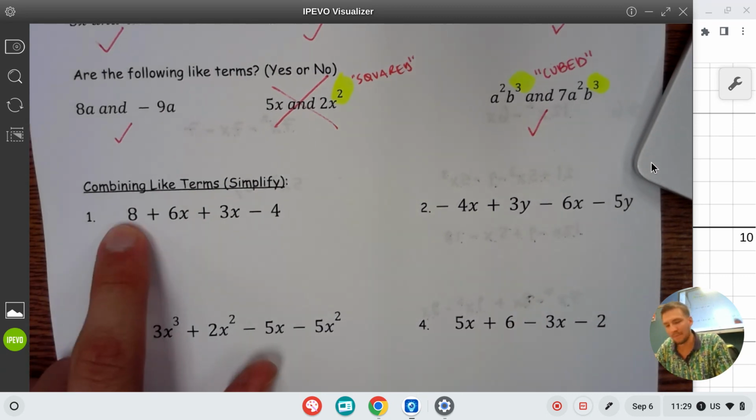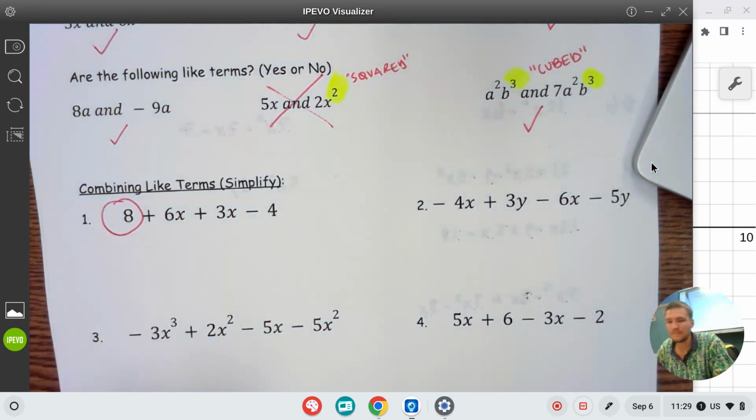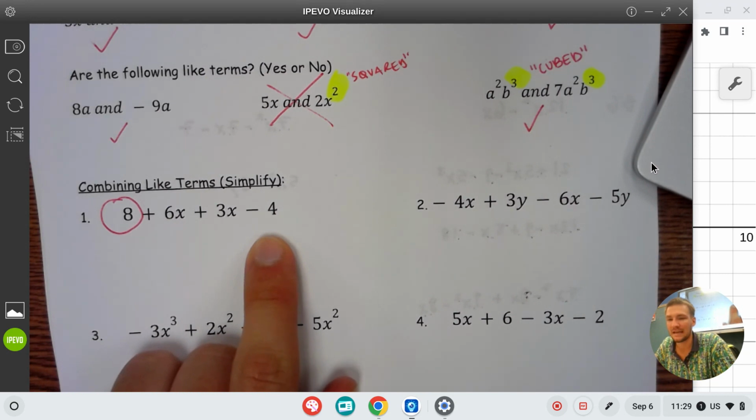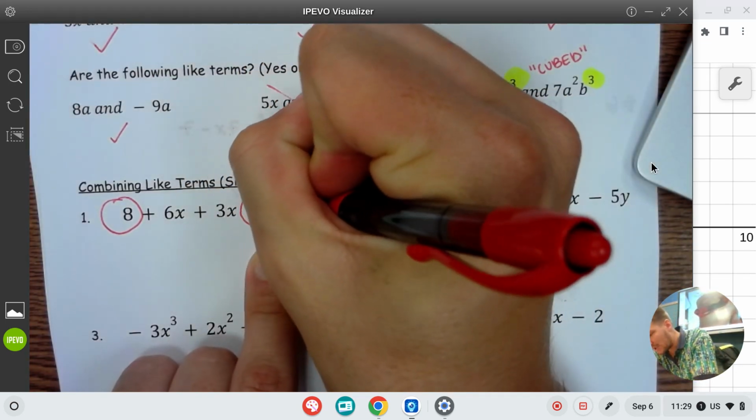Okay? I'm going to start with the 8, and I'm going to circle the 8. What is it that is a match with the 8? Negative 4. And I really like that you said negative 4, because I want to make sure to circle the negative.